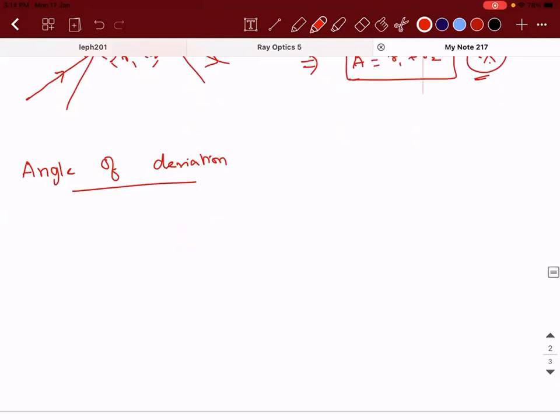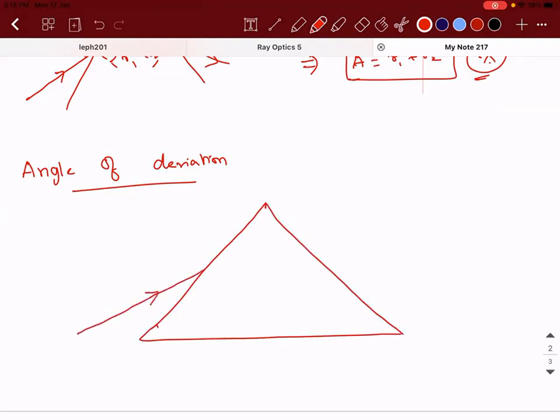So what is angle of deviation? So this is the actual ray. This is the refracted ray. And this is the emergent ray, right? Now see, this incident ray is traveling in the actual path.